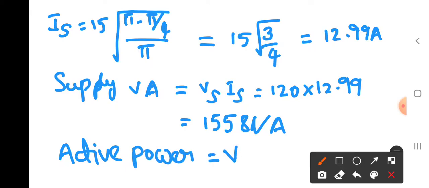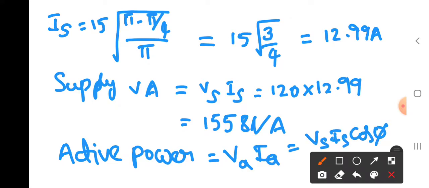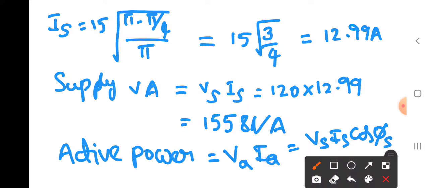This is Vs Is cos phi, where cos phi is the power factor of the source. We already calculated the active power, which is 1383 watts.